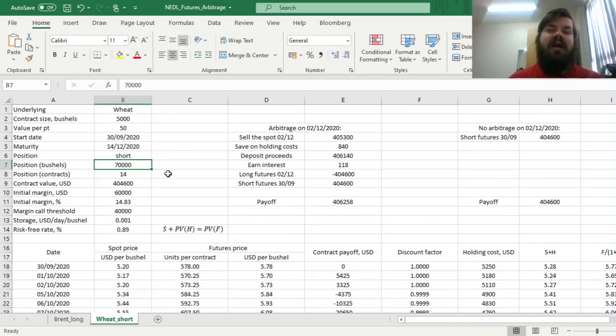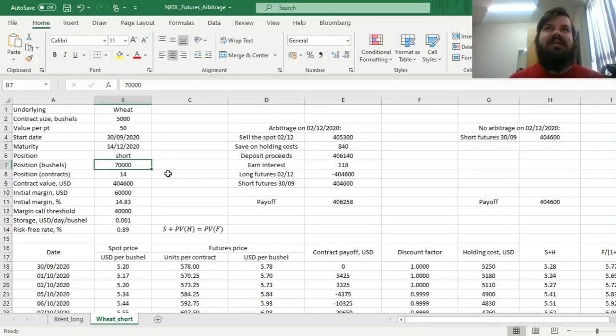So we need to figure out whether there is an opportunity to profitably unwind our hedge by longing the futures and short selling our wheat at the spot, meaning that the assumption here is a little bit more stringent than in the previous case.